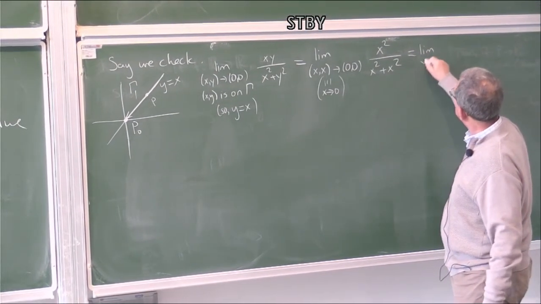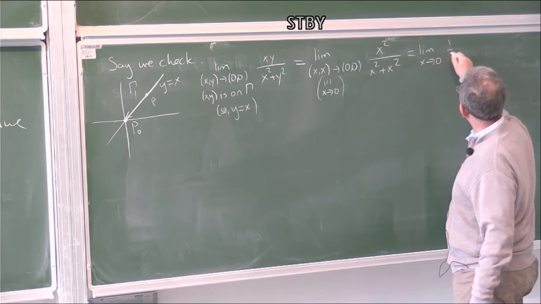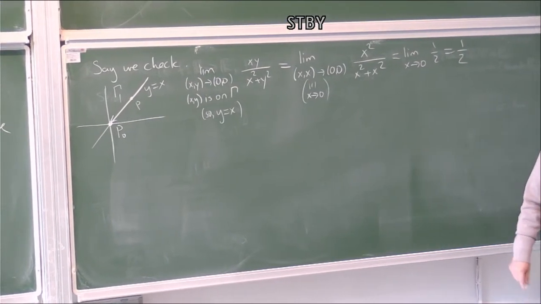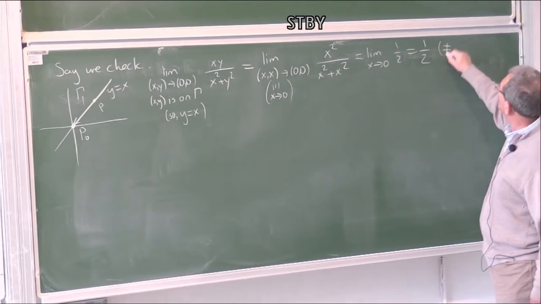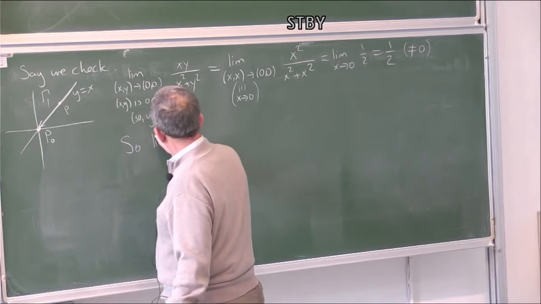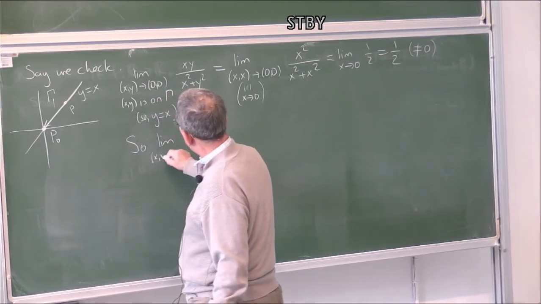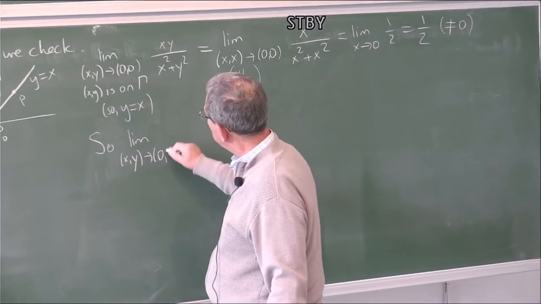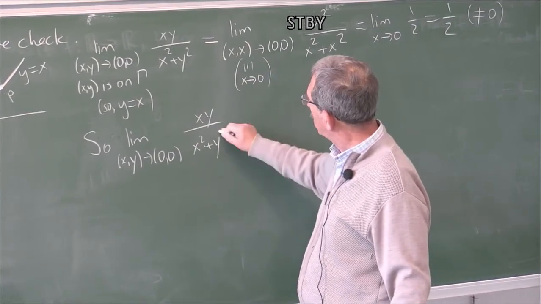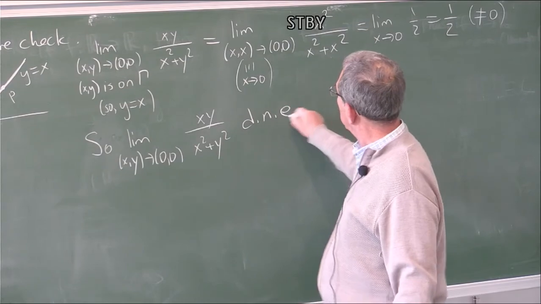This is the limit as x goes to 0 of 1/2, which is equal to 1/2. Now, clearly, this is not 0, so the limit as (x, y) goes to (0, 0) of xy over x squared plus y squared does not exist.